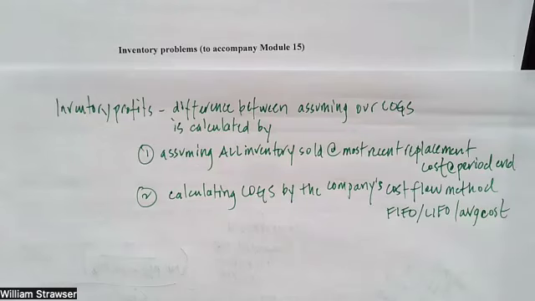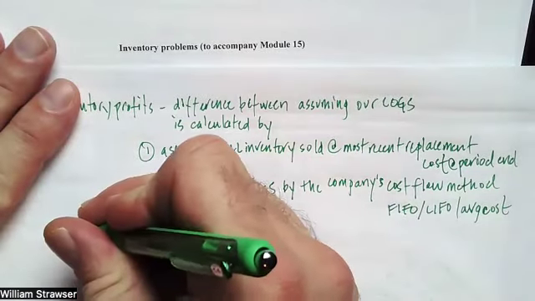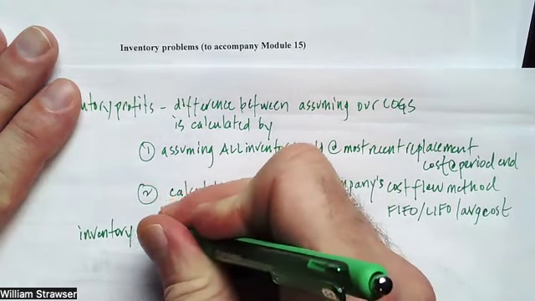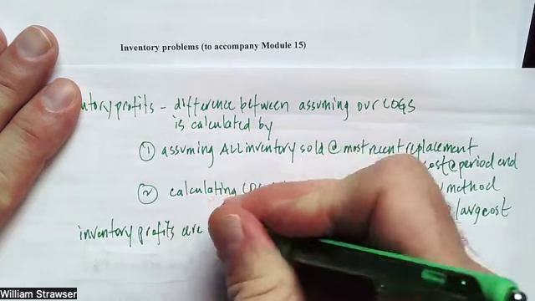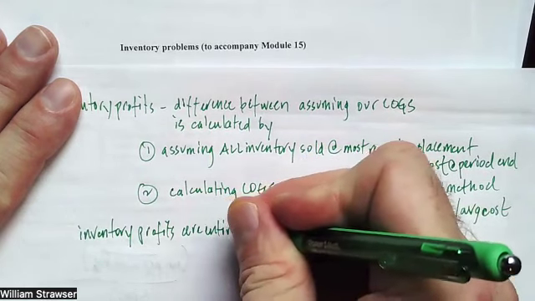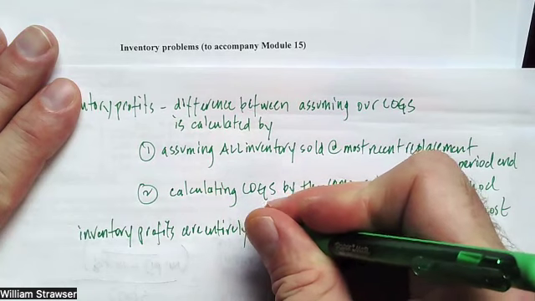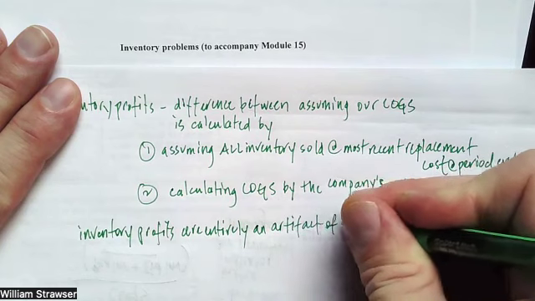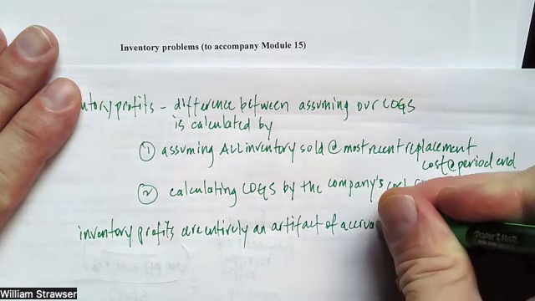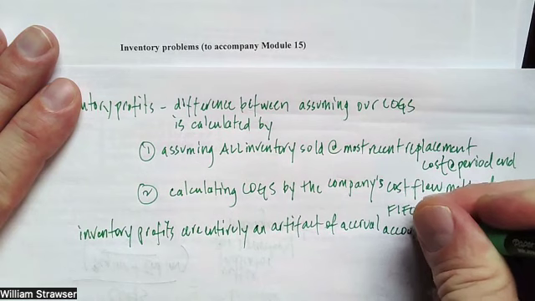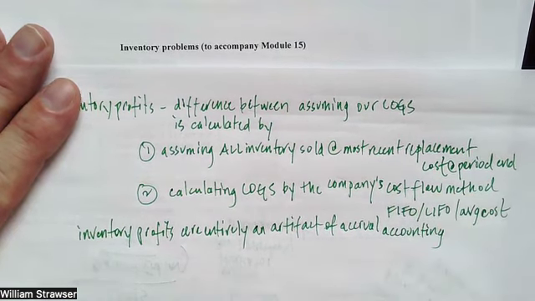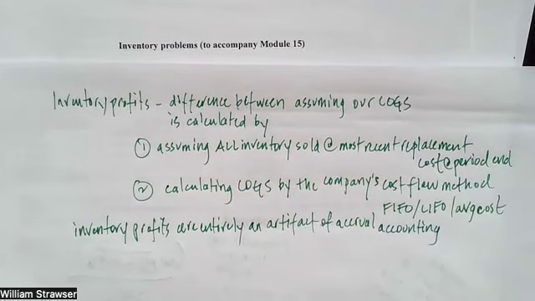So what is key is inventory profits are entirely an artifact of accrual accounting. All we're doing, if we report under LIFO, FIFO, or average cost, is that we spent cash to buy our inventory.